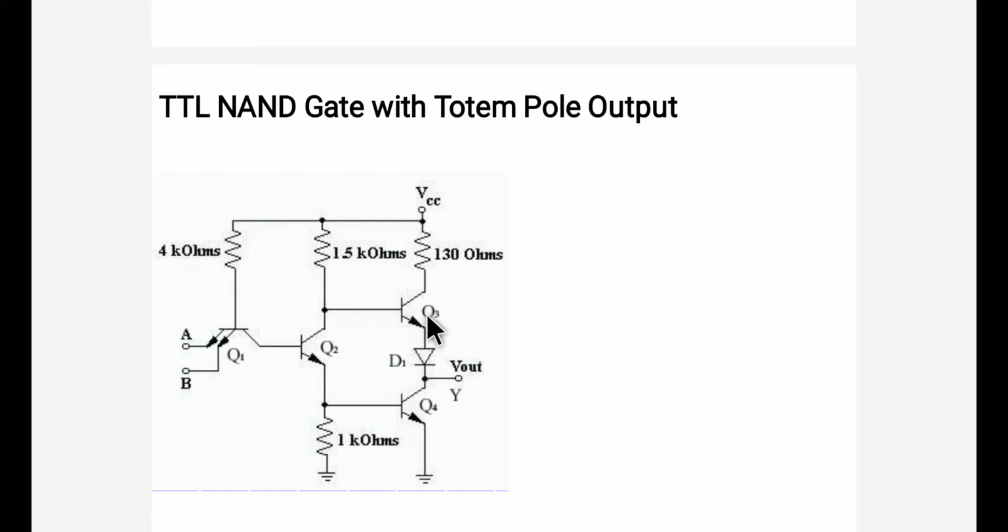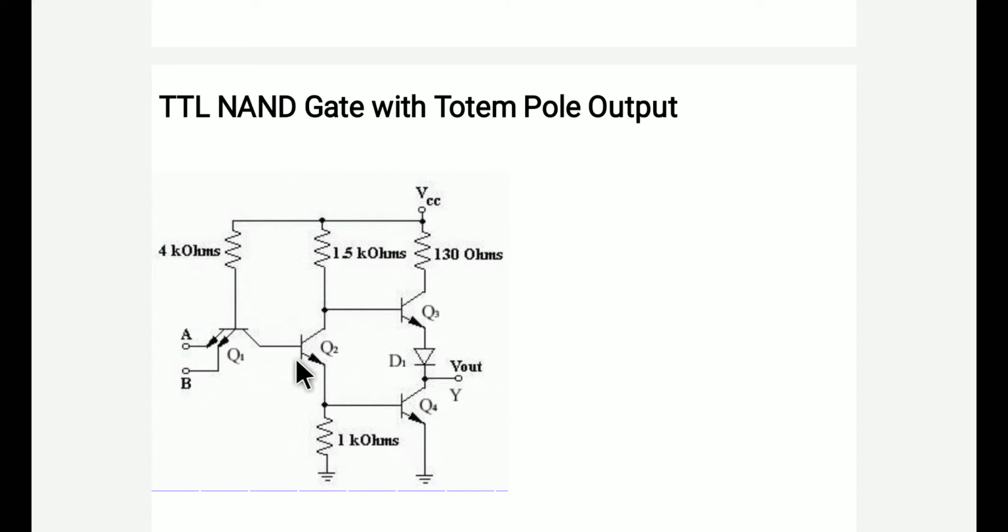With the totem pole output stage, either Q3 or Q4 is on. When Q3 is on, the output is high. When Q4 is on, the output is low. If A or B is low, Q1 conducts and the base voltage of Q2 is almost 0.